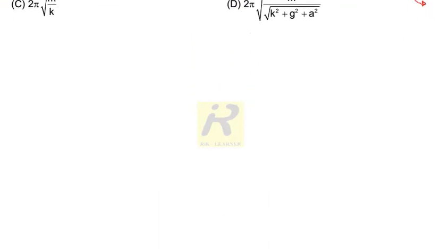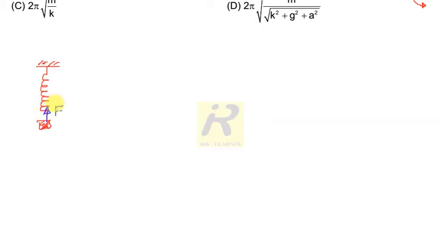In the static position, when the spring is at rest, this is called the equilibrium position. The upward force in the spring, that is the restoring force, given by minus kx, is exactly equal to the weight of this block, mg.